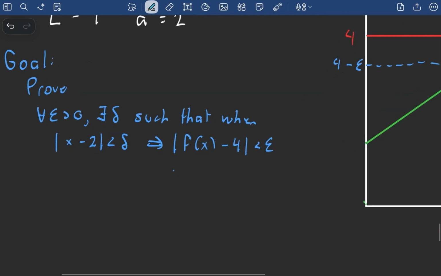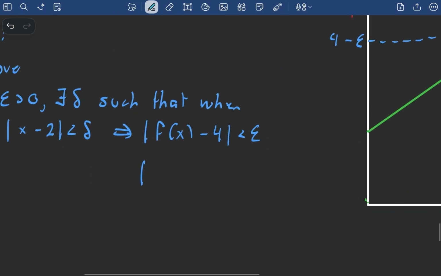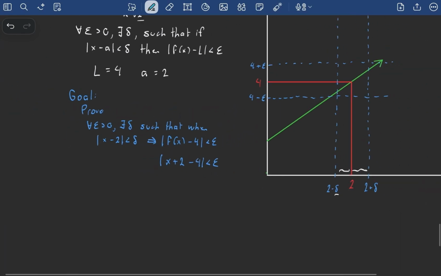And in this case, what was our f of x? It was x plus 2. In this case, x plus 2 minus 4 less than epsilon.